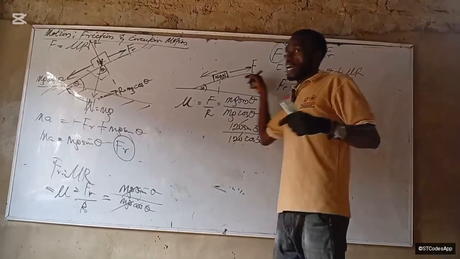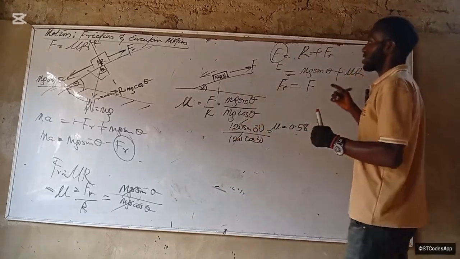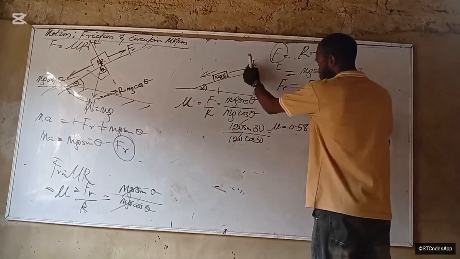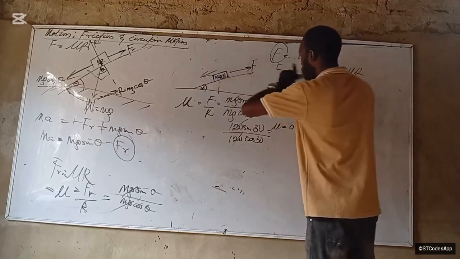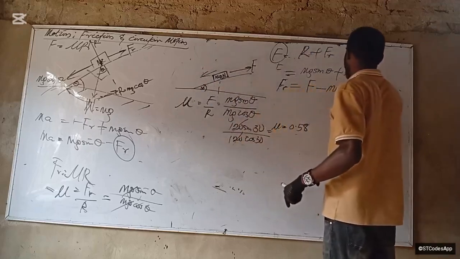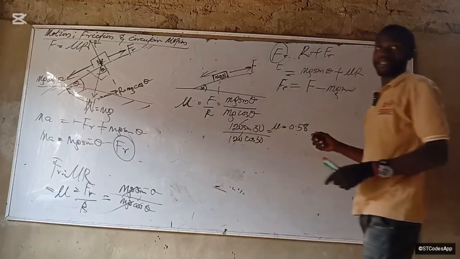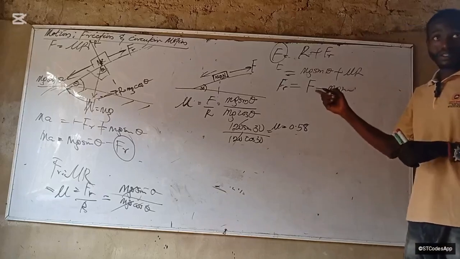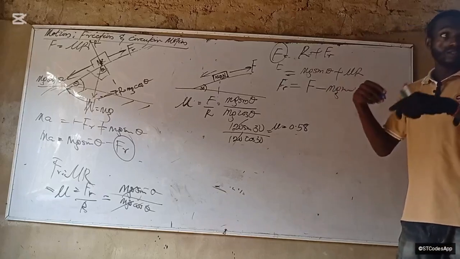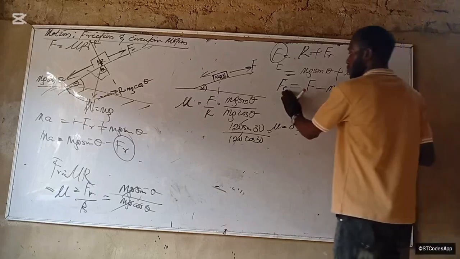This motion downwards will be equal to this F minus the force in the other direction, mg sine theta. So by the time you do this, this guy will come here. Is this one clear? Should I explain?